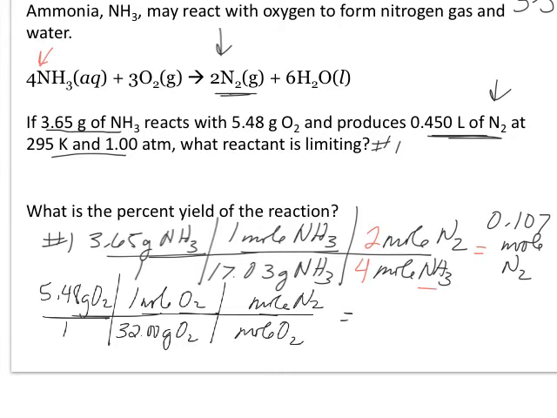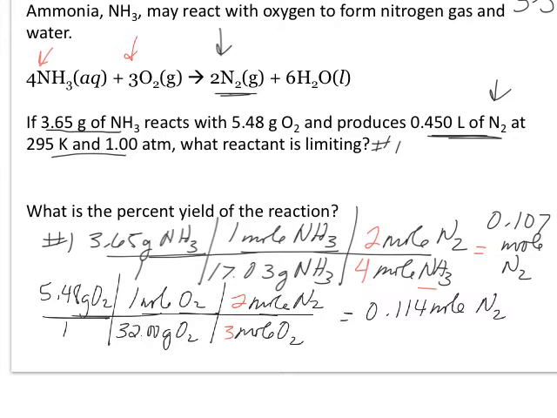And where are we going to get those numbers? Our oxygen has 3 and our nitrogen has 2. And we put those in our calculator and we get 0.114 mole of nitrogen.